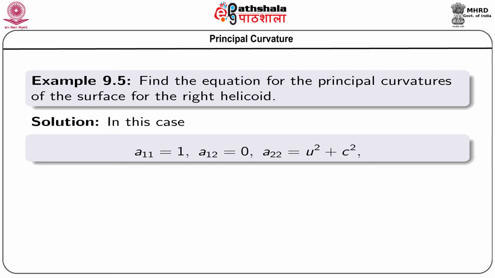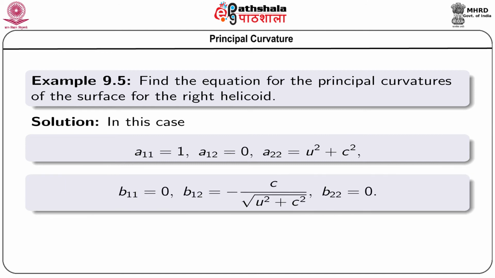A11 is 1, A12 is 0, A22 is u square plus c square. We can easily find these values because these are the coefficients of the first fundamental form, and we can also find the coefficients of the second fundamental form, that is B11 equals to 0, B12 equals to minus c by root over u square plus c square, and B22 equals to 0.